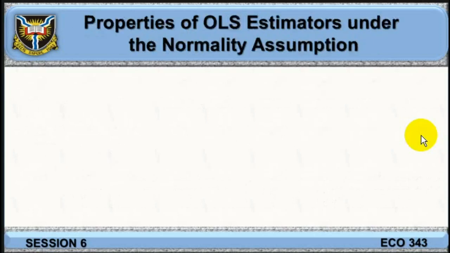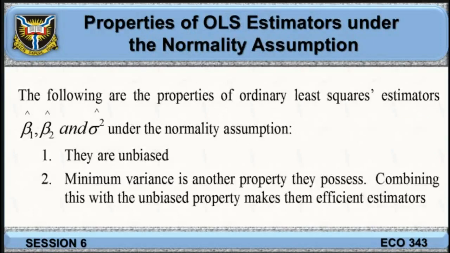Properties of OLS estimators under the normality assumption. The following are the properties of ordinary least squares estimators beta 1 estimator, beta 2 estimator, and variance estimator under the normality assumption. 1. They are unbiased. 2.